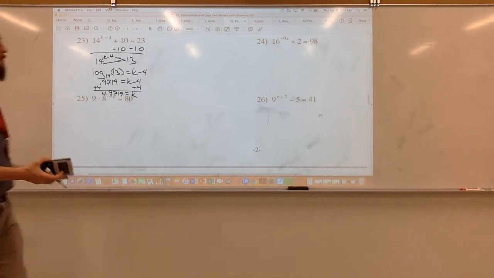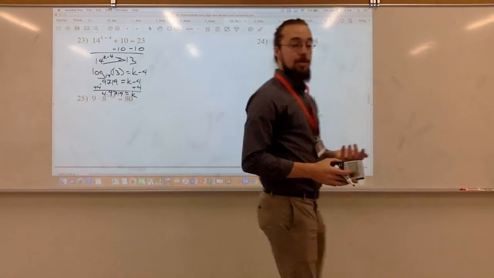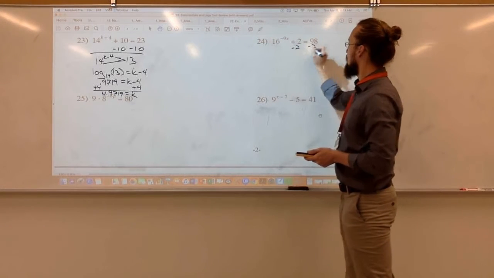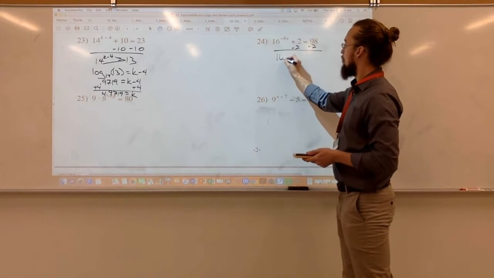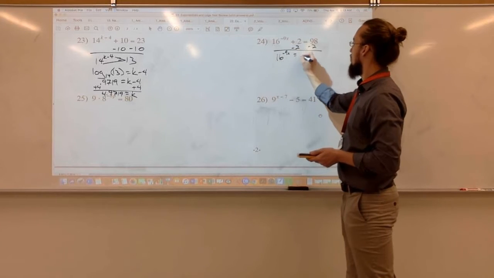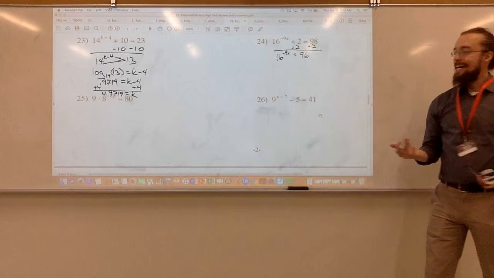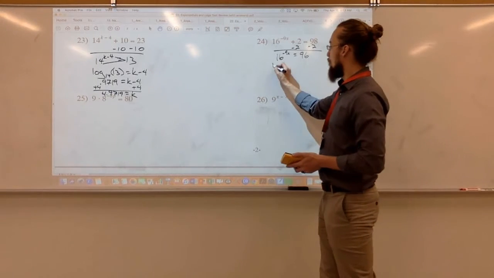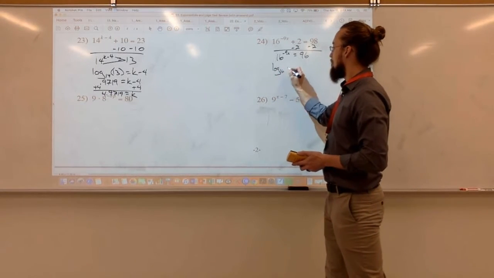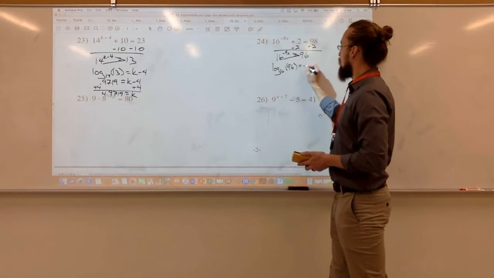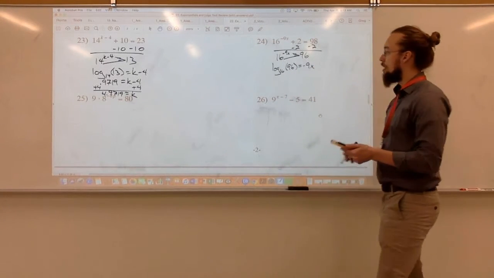So it's a similar process for the rest of these. Here, get the exponential by itself, so subtract 2, get 16 to the negative 9x equals 96. Now rewrite it as a log. So log base 16 of 96 equals negative 9x.